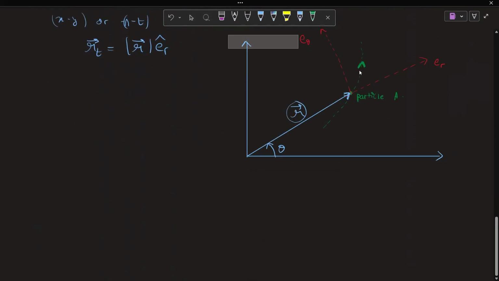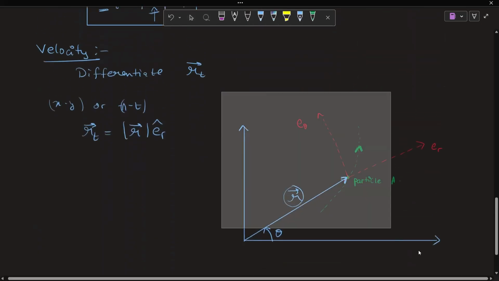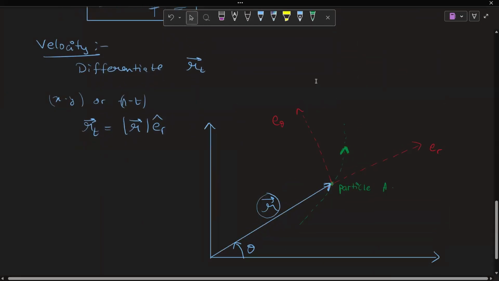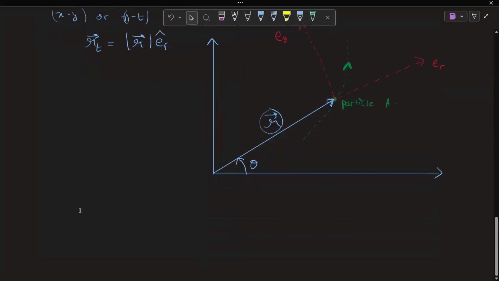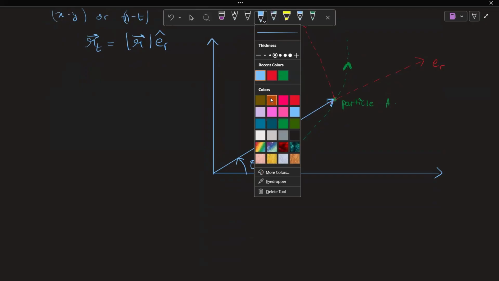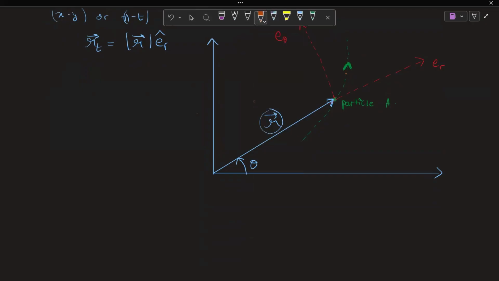Here, see. Now, let's assume that the particle after any time dt moves here. So this will be the new r. If you notice, the magnitude of the new r is not the same as the old r dash.